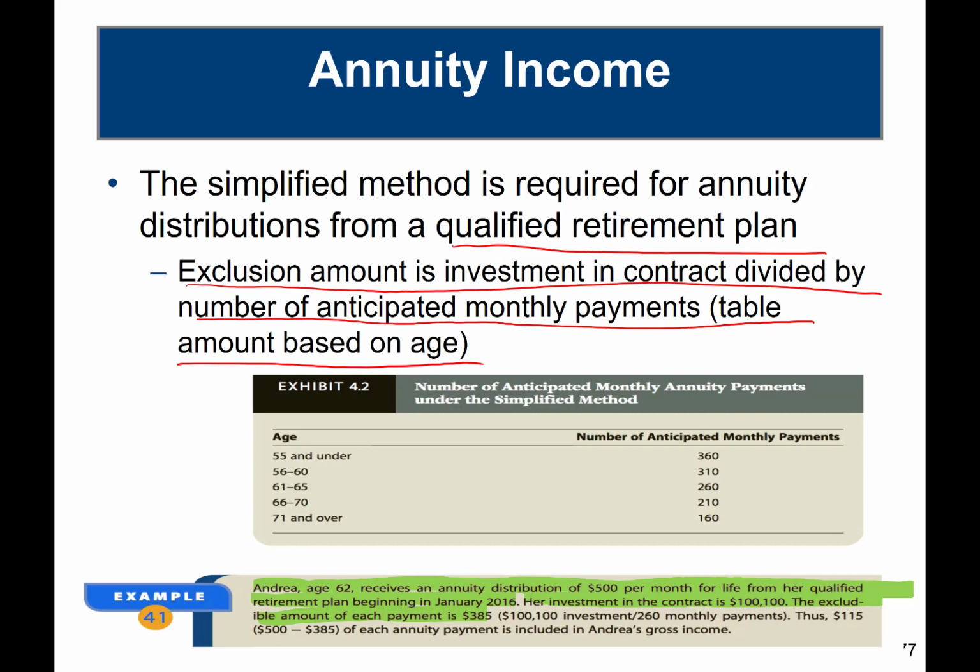Since she's 62, she's got to use that 260 factor, so the 100,000 divided by the 260 monthly payments, and thus $115 of the payment is included in her gross income. She gets to exclude that $385, which we came up with by dividing the investment by that factor, the number of monthly payments. Okay.